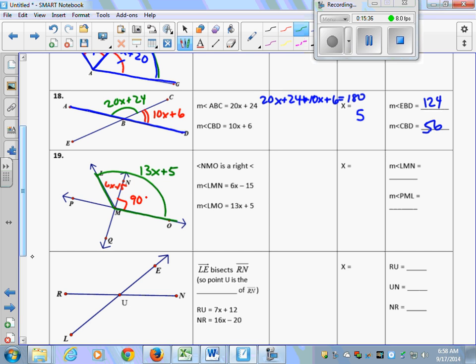So again, angle addition postulate: this angle plus this angle equals the whole thing. So 6x minus 15 plus 90 equals 13x plus 5. That was 10, 45, and 45. Okay.